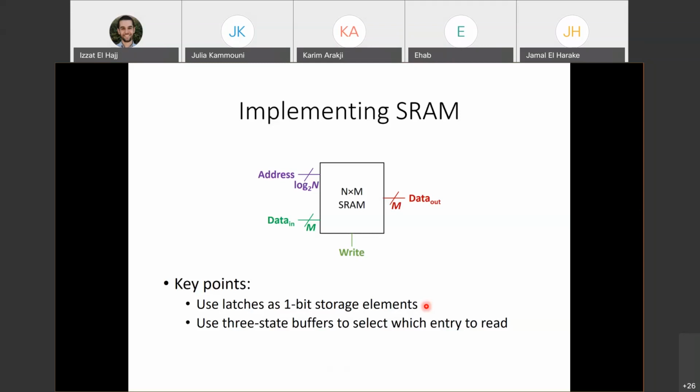And then secondly, we used three-state buffers connected to one bit line in order to do the selection because SRAMs were much larger, and that meant that it was infeasible to build a multiplexer of that size. And that's why we used three-state buffers to implement the multiplexing.